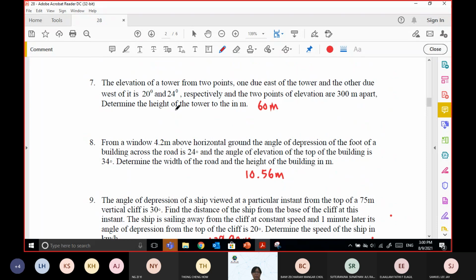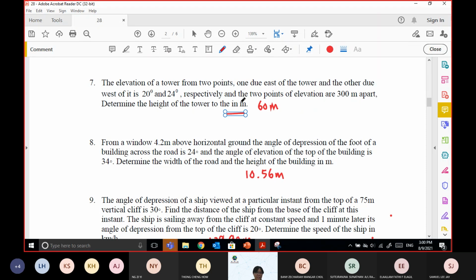17, the question asks for meter. Determine the height of the tower to the blah blah blah in meter. There's something missing here, so I take it as the nearest meter, but doesn't matter.